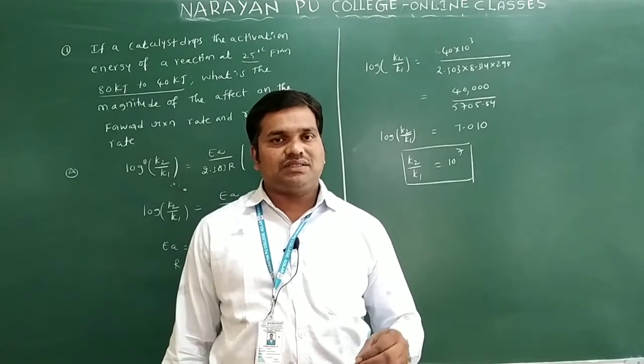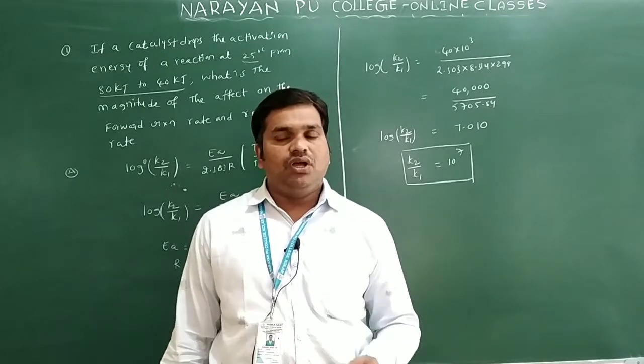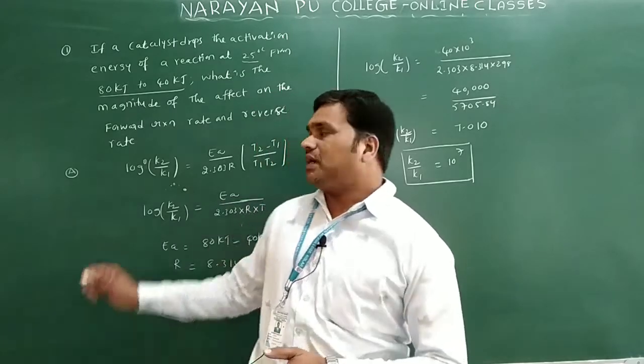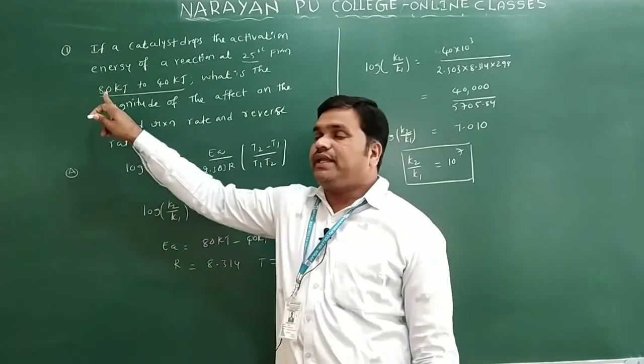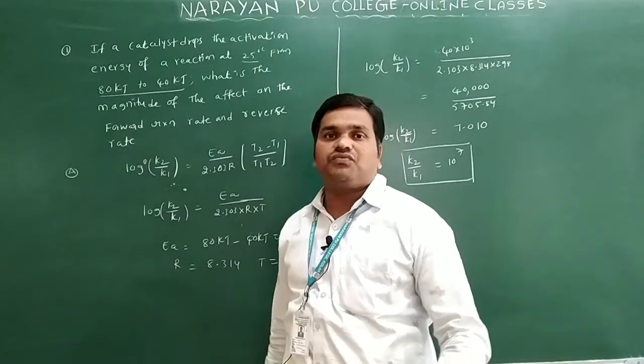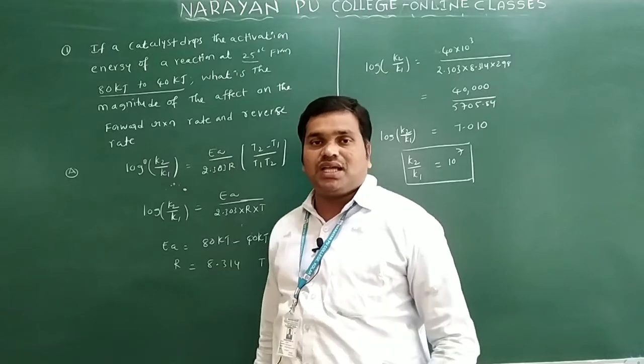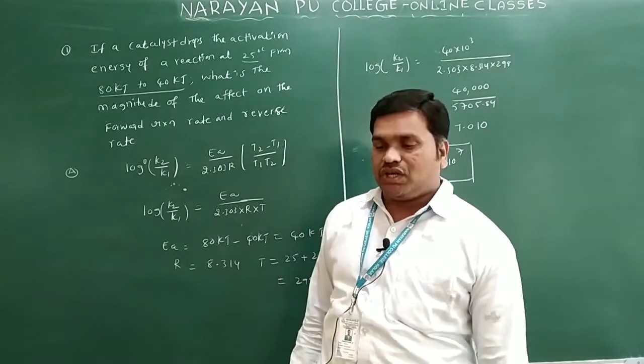If the reaction is slow, it will increase the rate of reaction, by decreasing the activation energy. Here 80 kilojoules is decreased to 40 kilojoules.